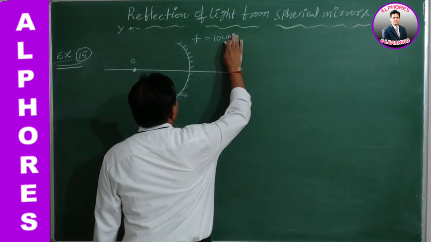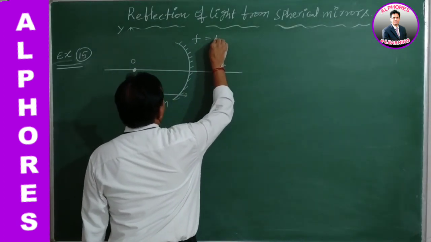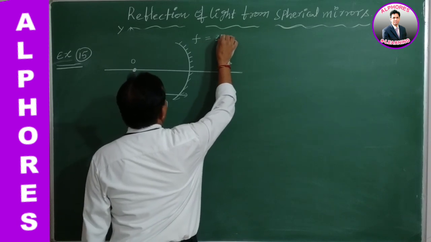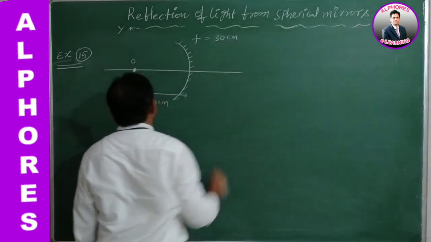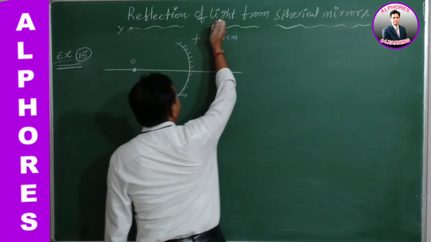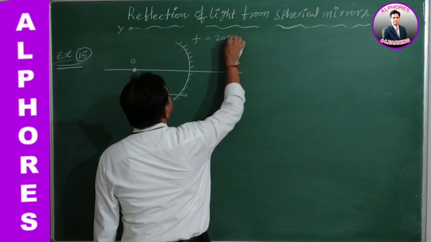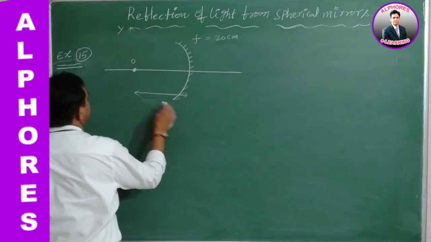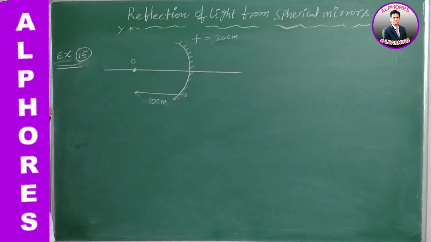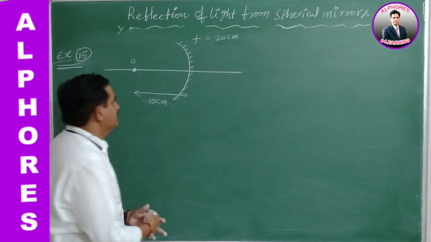Or as you wish, you can take any value, that is 50 or 30 centimeters. Or otherwise, you can take this as 20 centimeters and this as 10 centimeters. Okay, I will give one more example by changing the focal length and object distance.